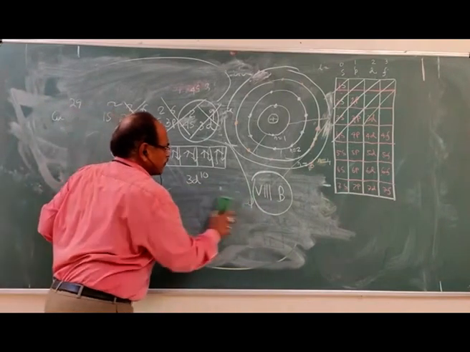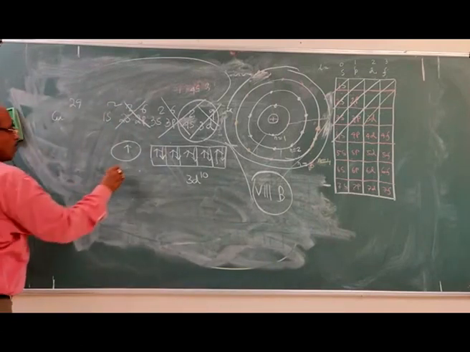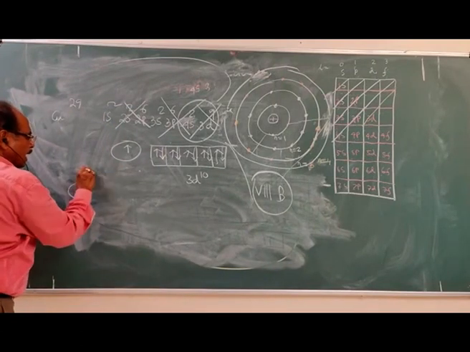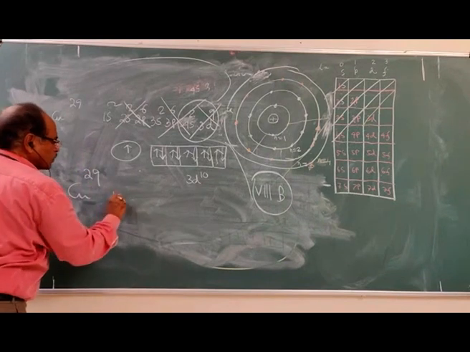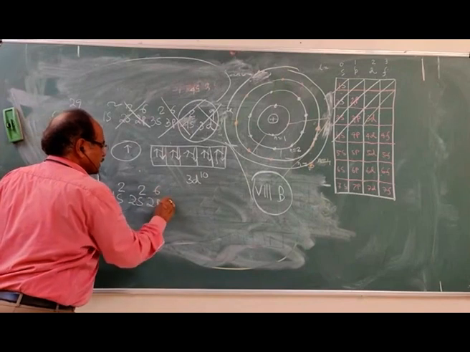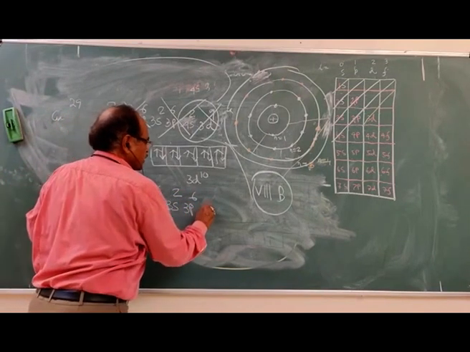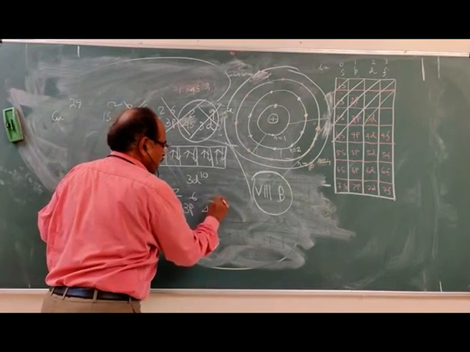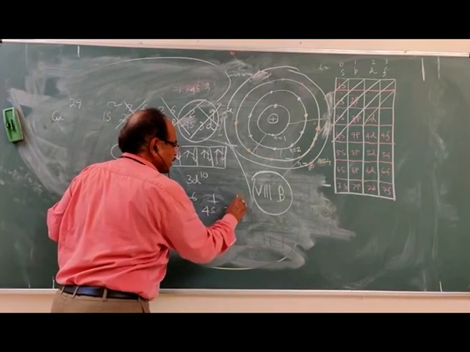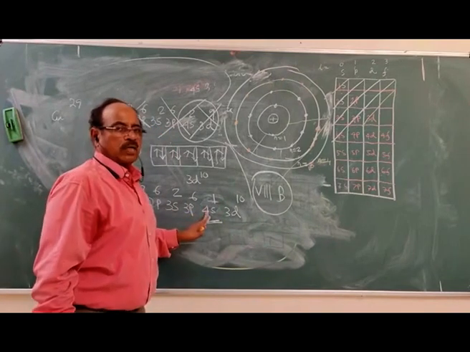Children, this is a very, very important question for students in entrance exams also. Copper has the configuration 1s2, 2s2, 2p6, 3s2, 3p6, then 4s1, 3d10. In the outermost shell, how many electrons are there? One electron.